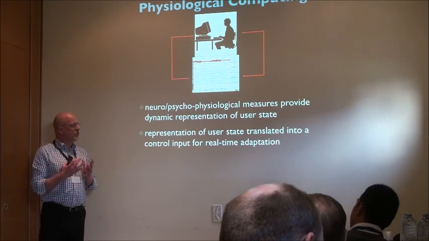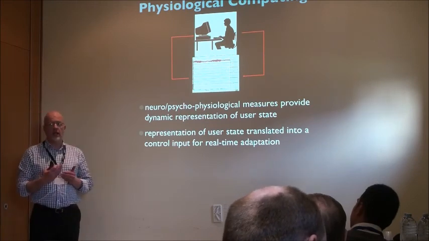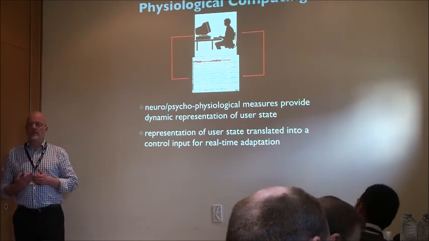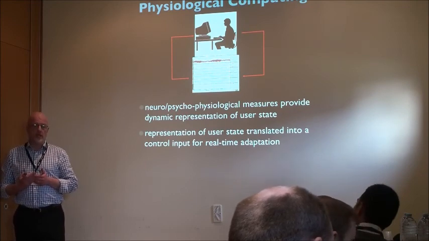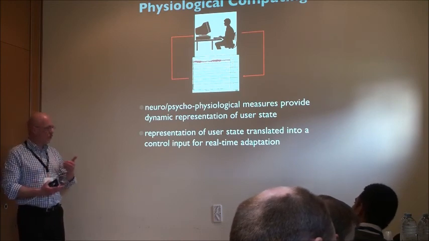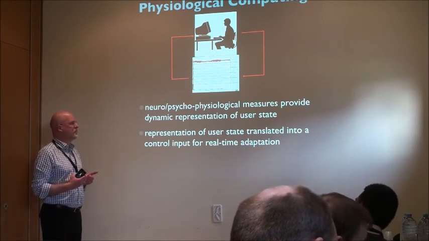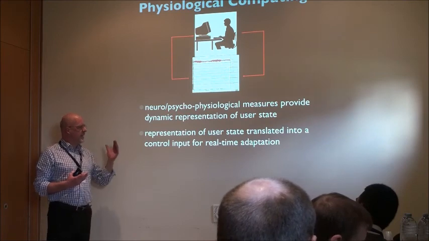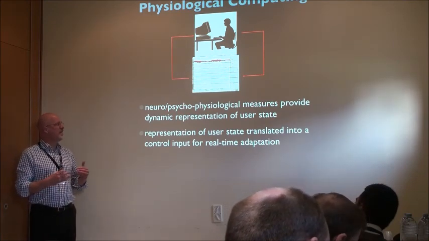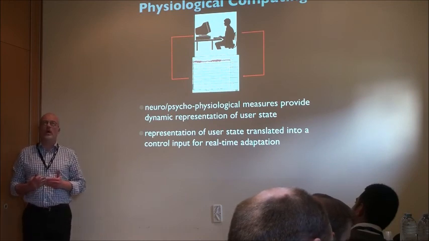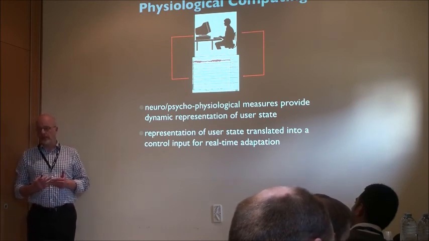And what we do with these measures is that we translate them into something. This can be how hard someone is working mentally. It can be whether they are angry or whether they are tired. This is one part of the translation. And then we take that representation of a user state and we translate it again into real-time adaptation of the interface.